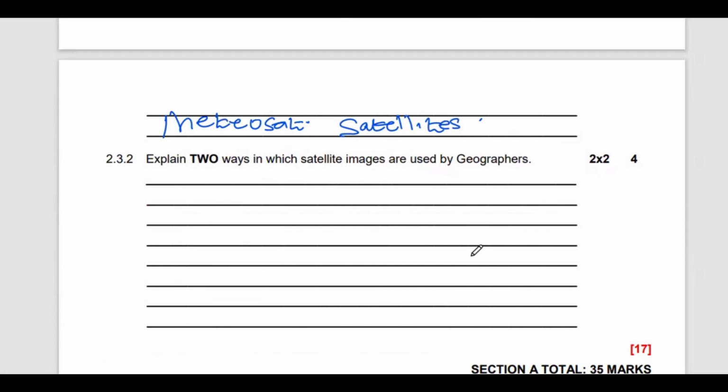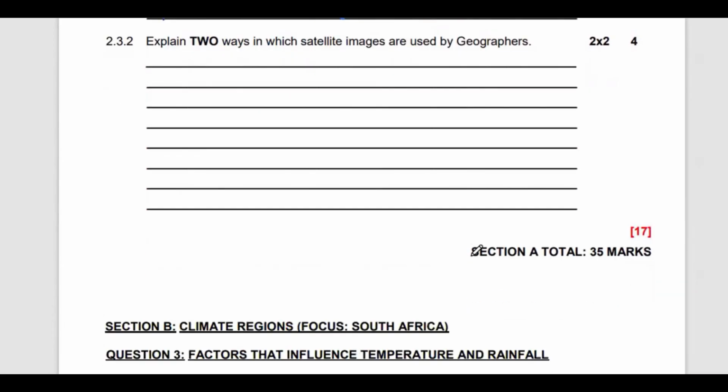Explain two ways in which satellite images are used by geographers. One, they provide a profile, the ups and downs of the land.